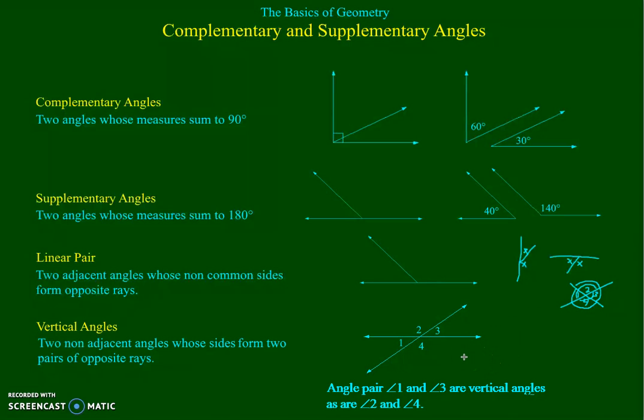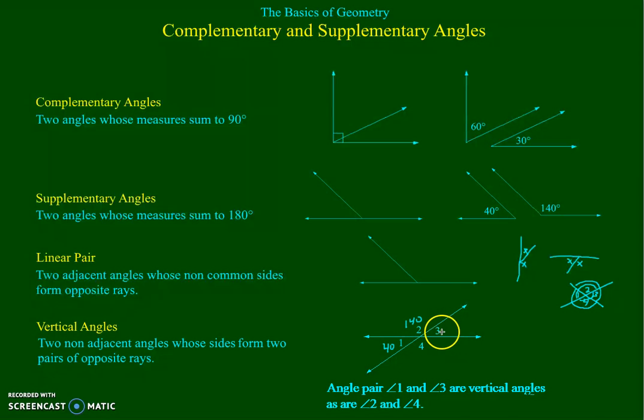Now you're going to learn later on the relationship between vertical angles, but since we're going through it now, I'm just going to briefly introduce it to you. Let's just say for the sake of discussion that this angle was 40 degrees. This angle would then have to be 140, because these two angles are supplementary because they're a linear pair.